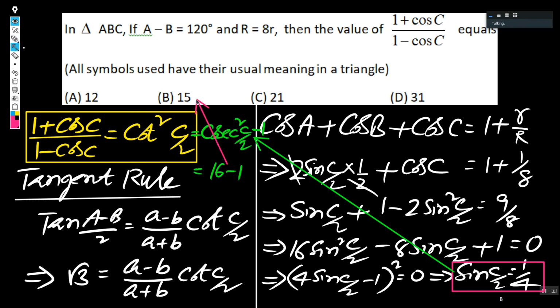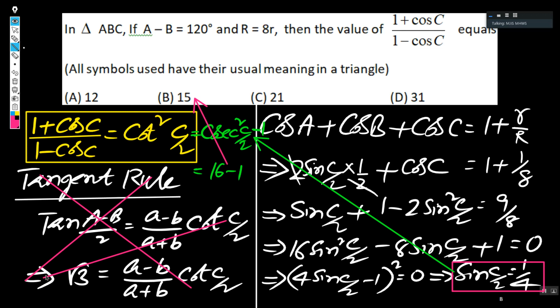Sometimes you have to go with the wrong ideas also like this. It's in no way useful. So that is the reason why sometimes the question is made with some standard results.